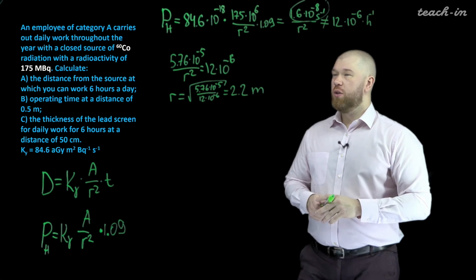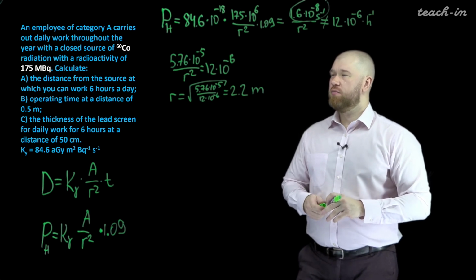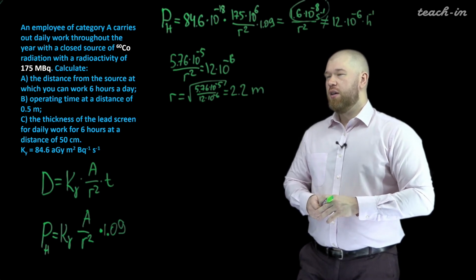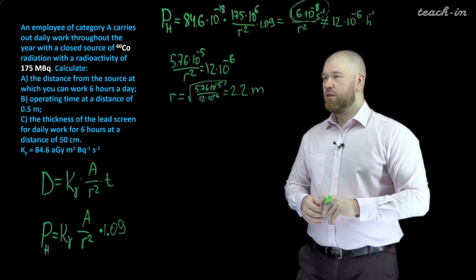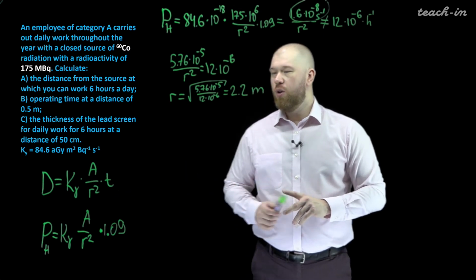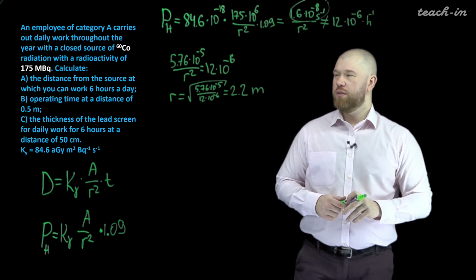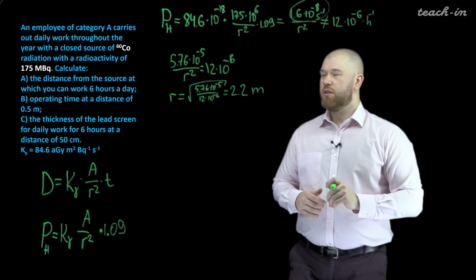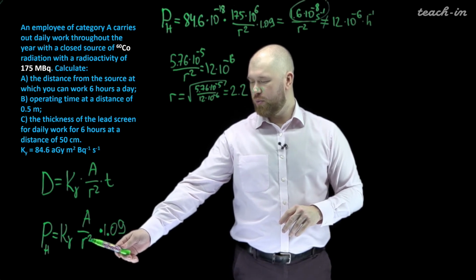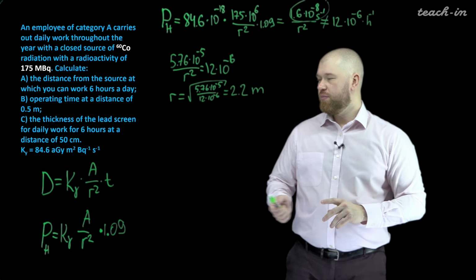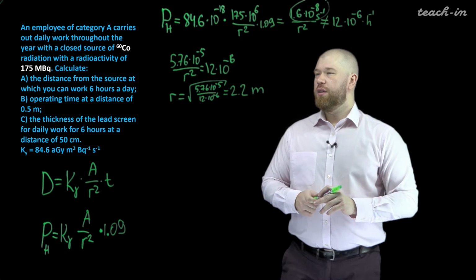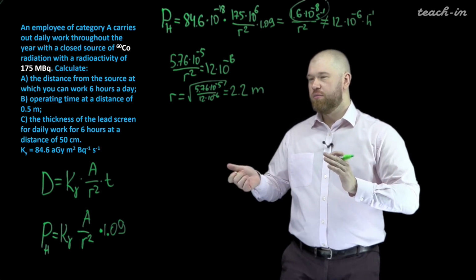So what is now the safe operation time at a distance of 0.5 meters? We can calculate it using this equation, for example, or we can do it easier. We know that the dose rate is inversely proportional to the squared distance. Thus, the less the distance, the less the time.